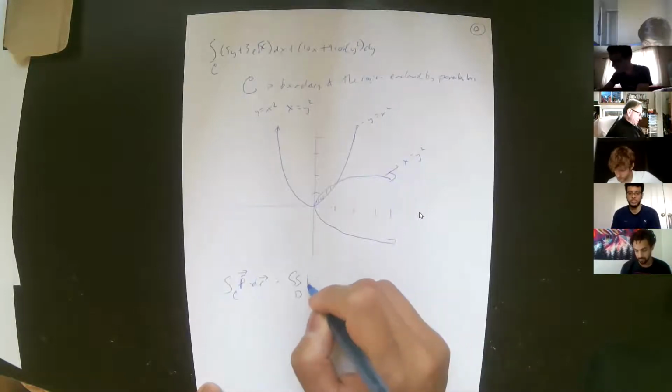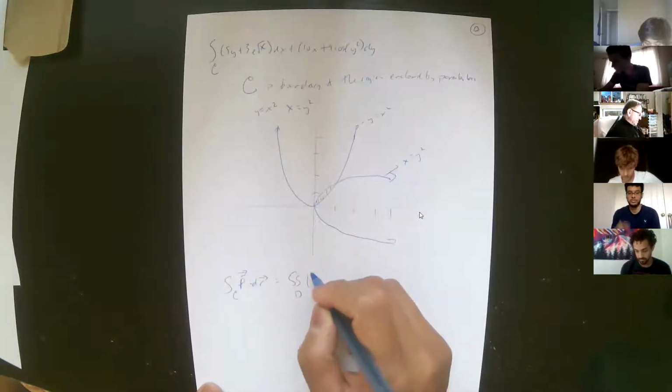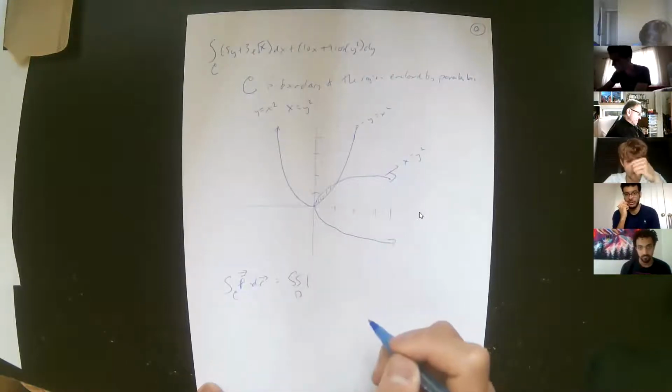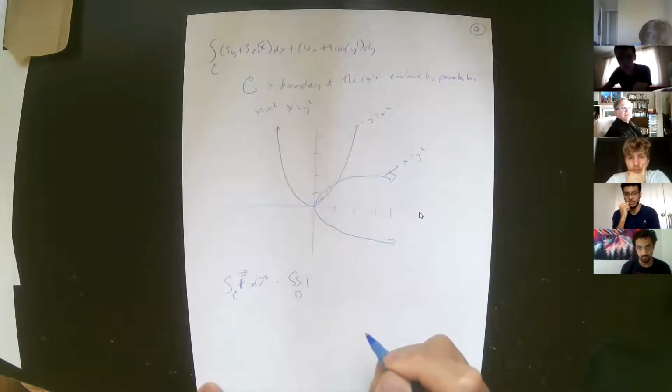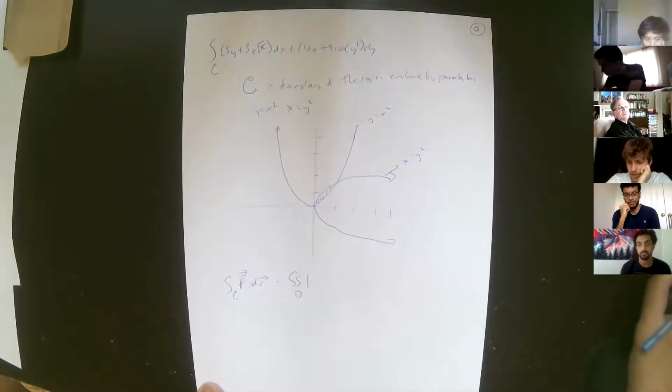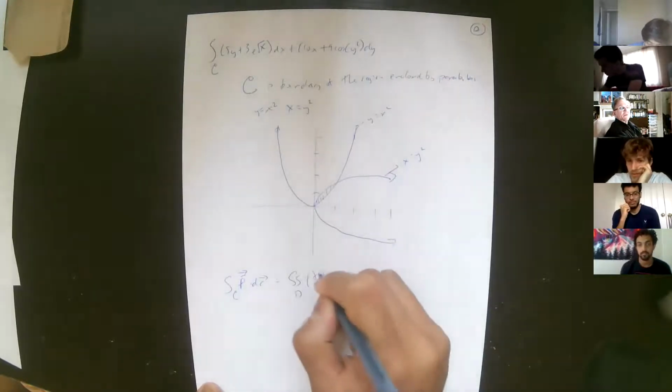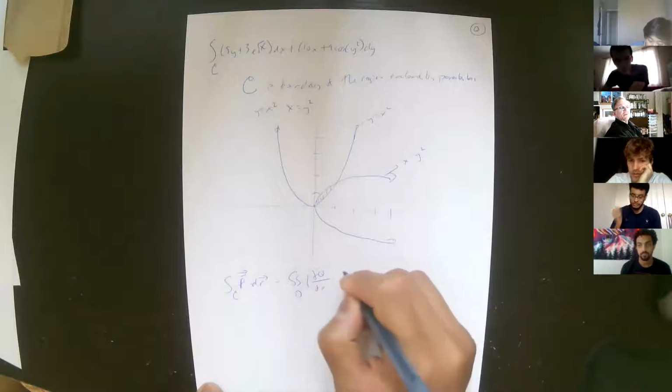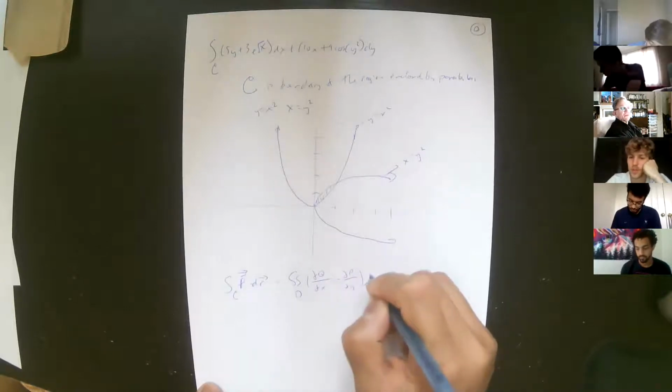Let's just go with, so what does it say? It says the partial derivative of Q with respect to x, minus the partial derivative of P with respect to y.